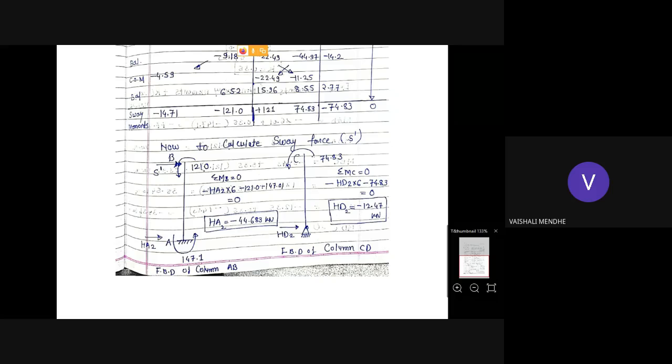Okay, it is already considered in the non-sway analysis. So here you can see, when I plotted this free body diagram of column AB, I have not shown that 40 kilonewton loading. Okay, why have I not shown it? Because it is already considered in the non-sway analysis. Okay, we have separated the loading and we have separated the sway.